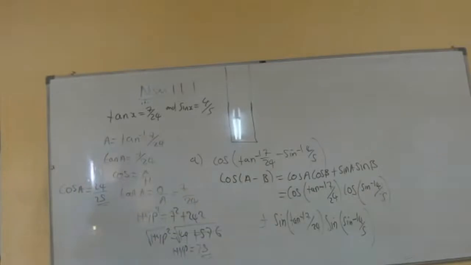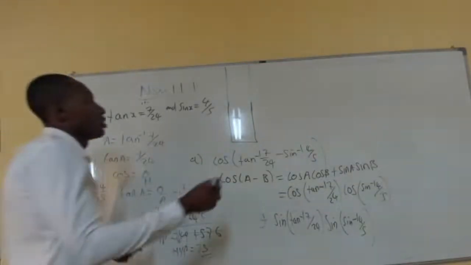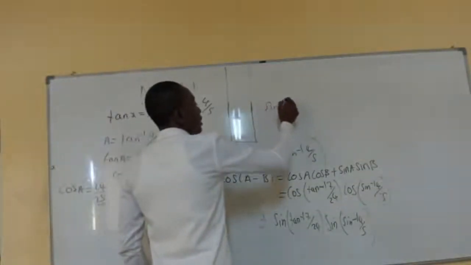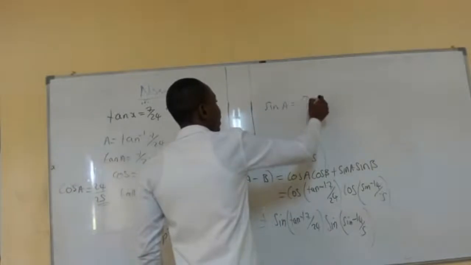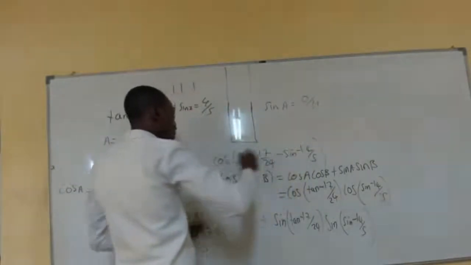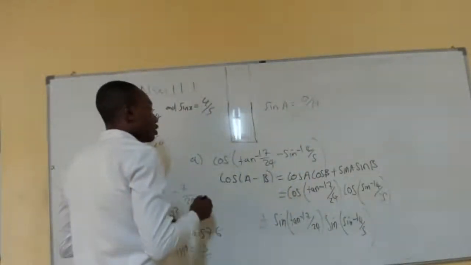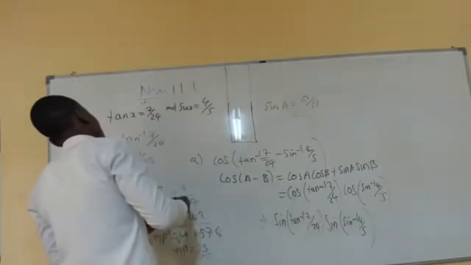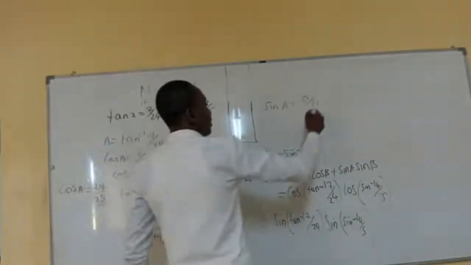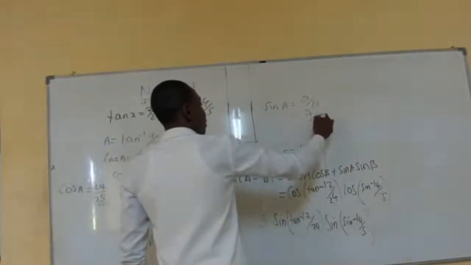Okay, so how do we find sine A? We know that sine A is opposite over hypotenuse. We found the opposite, which was given from the tan part as 7, and the hypotenuse is 25.